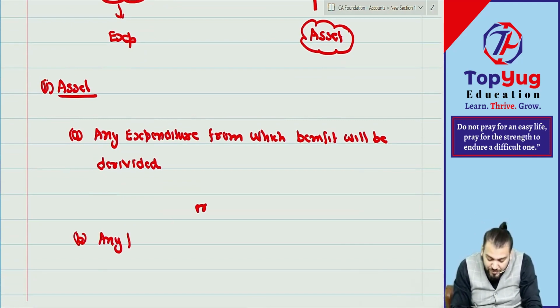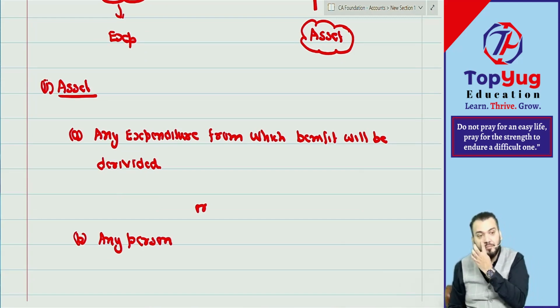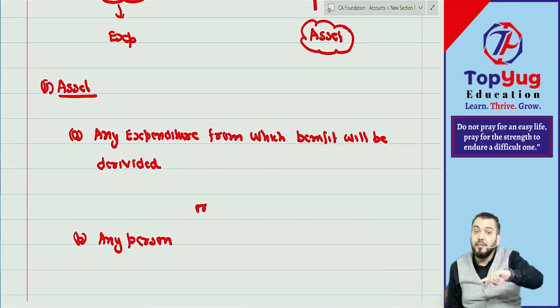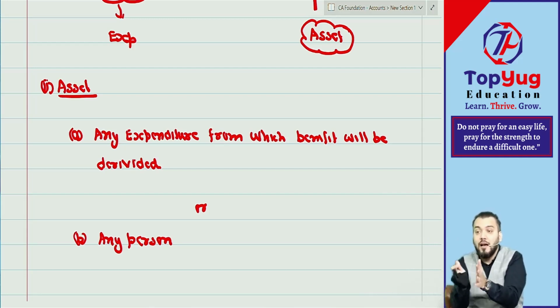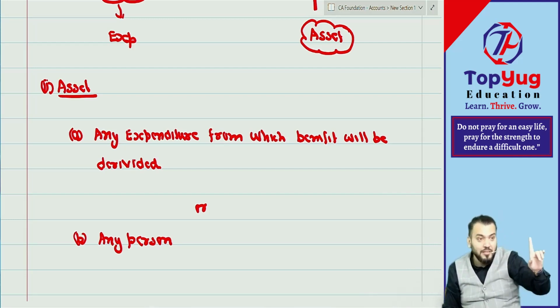Or point number B. Any person. This person can be an artificial person, natural person, or representative person. So when I am saying person, in accounting a person can be what? Ram, or Ram and company, or it can be a capital account also. Understood?